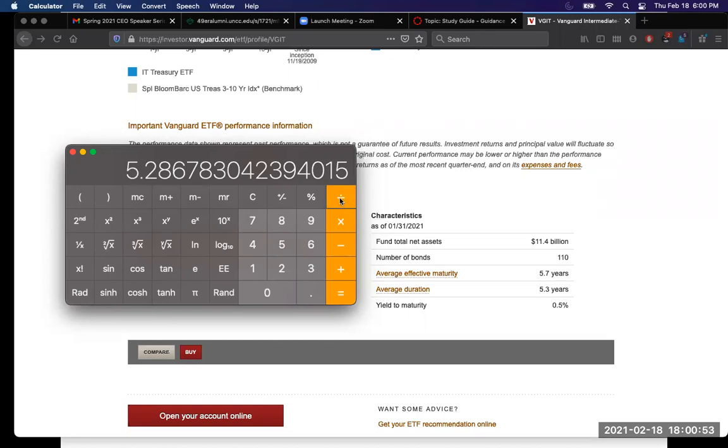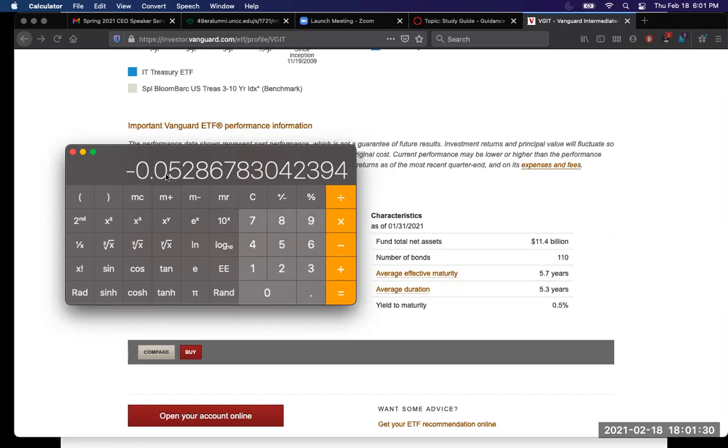So for some reason, if yields on average all increased by 1%, times 0.01, my expected price change would be a 5.29% decline in price value.